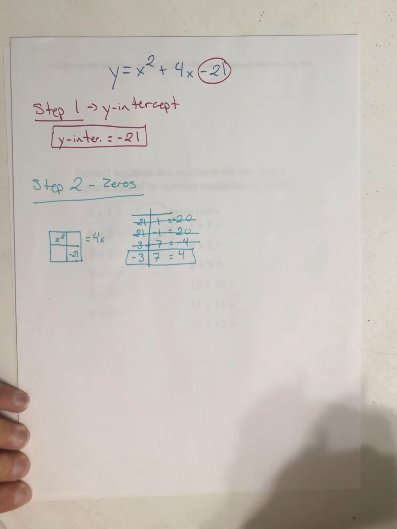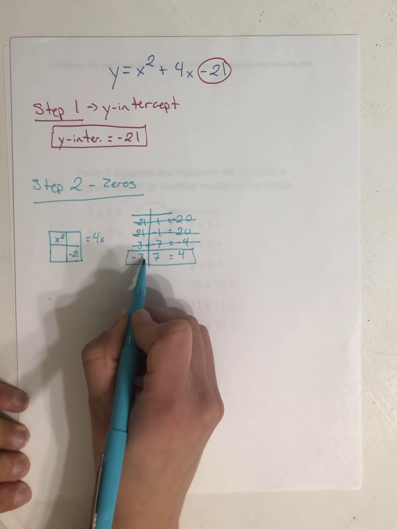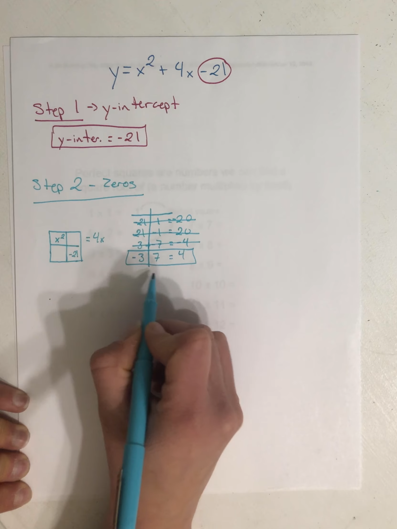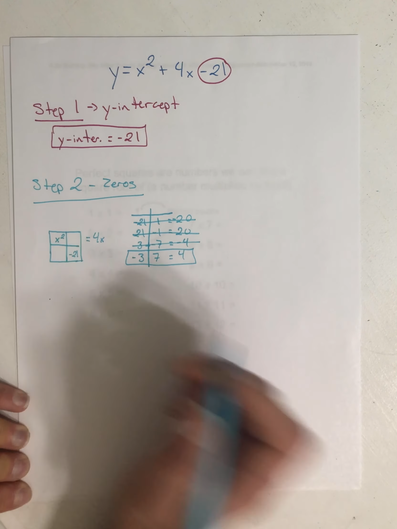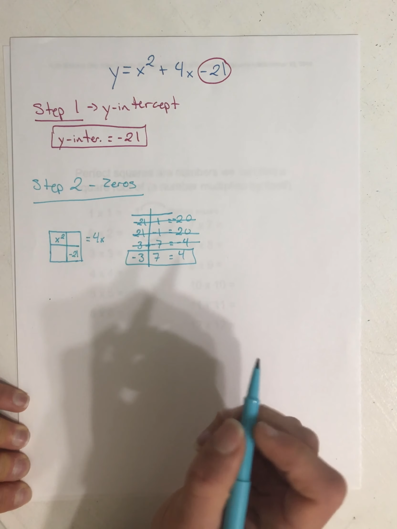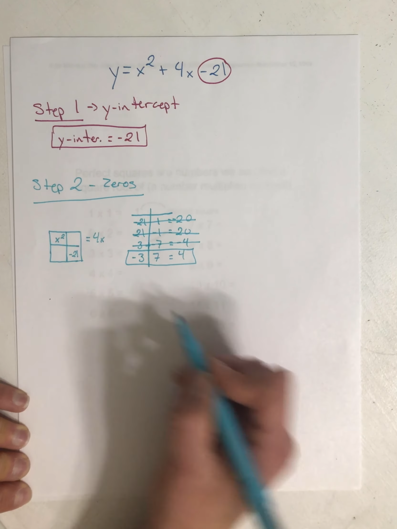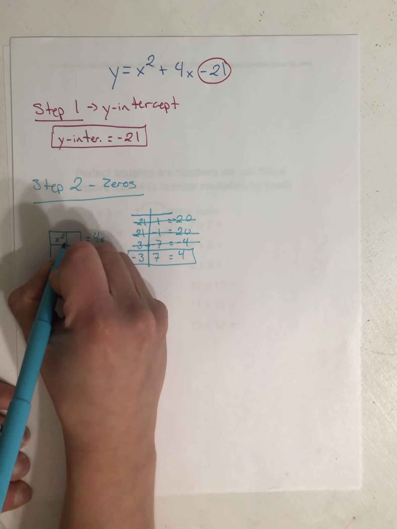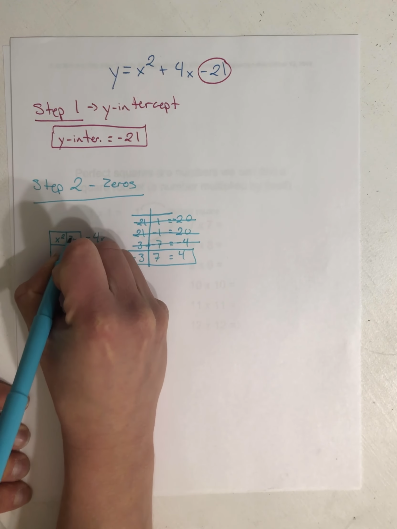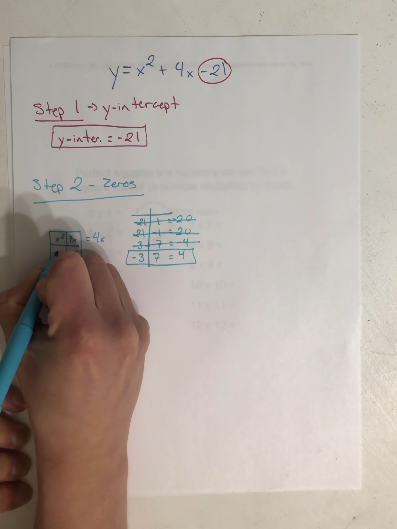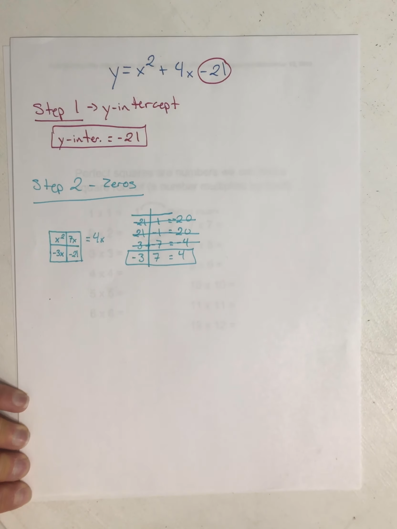So these are our numbers. Okay, so we then take these two that we just found and we plug them back into our window. But don't forget that we need to add x when we plug it back in. So I'm going to put a 7x there and a -3x there.